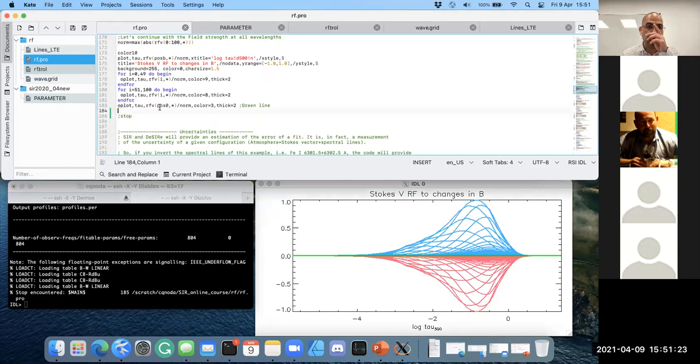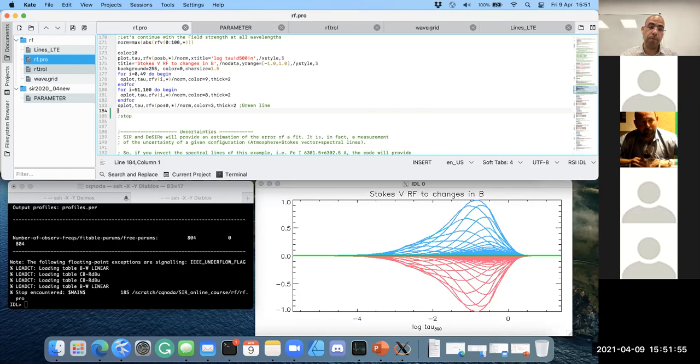Okay, so until this point, I hope I showed you more or less what response functions are and why they're important. The reason they are key for the inversion code is that the code will try to perturb the atmosphere at a given node location. We will see this in detail next week, but the idea is that the code will perturb the atmosphere based on the response function.